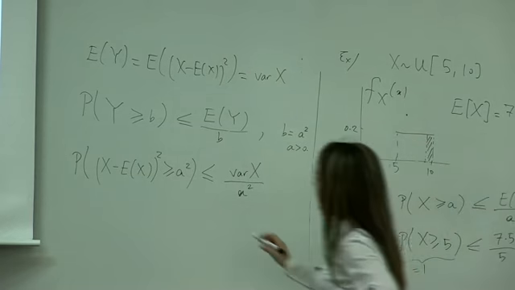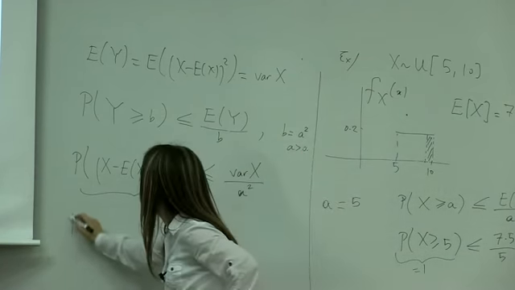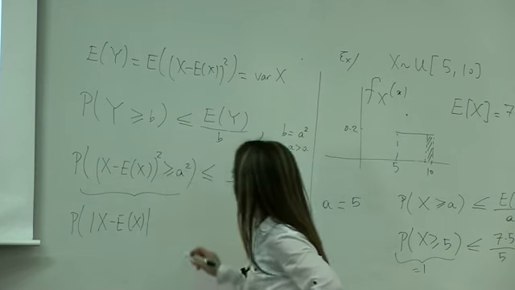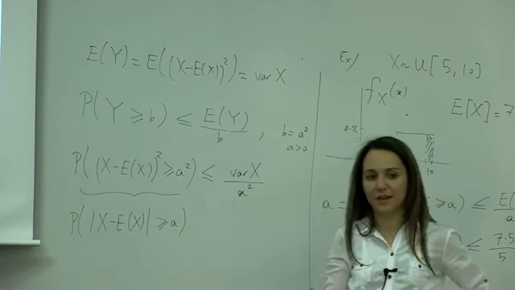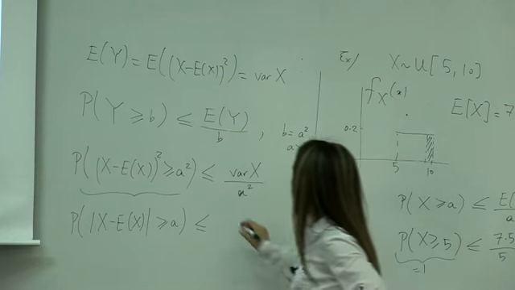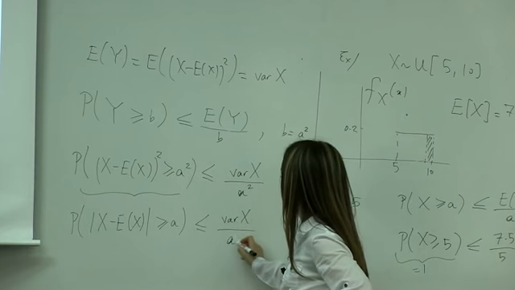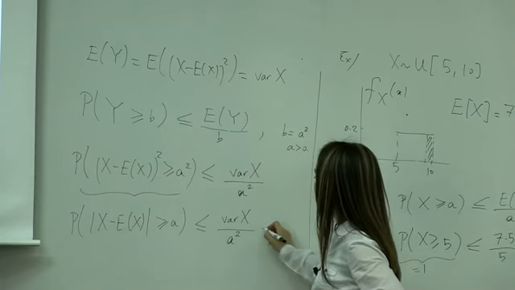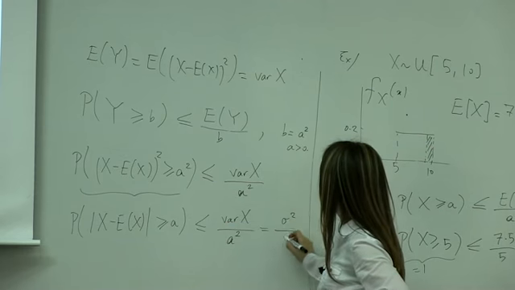Now, I can write these events equivalently as the probability that the absolute value of x minus E of x being greater than or equal to a. Remember, I defined a as a positive number. This is less than or equal to the variance of x divided by a squared. Okay? If you want, we have defined the variance as sigma squared, write this as sigma squared divided by a squared.